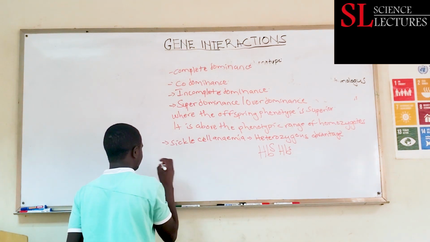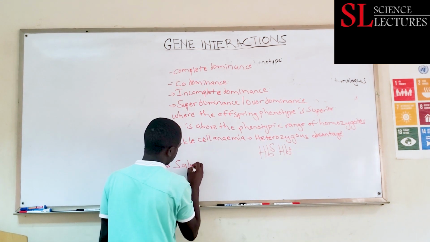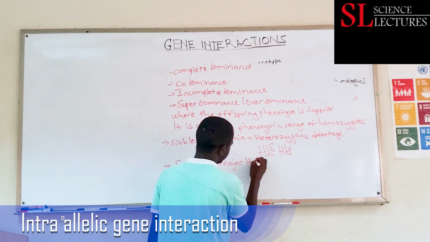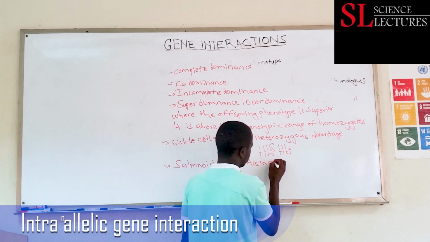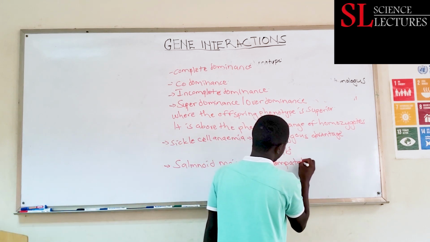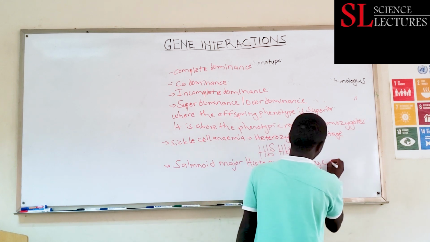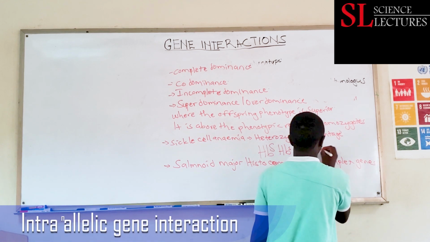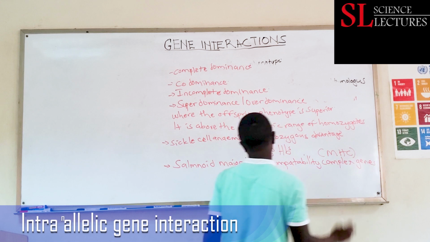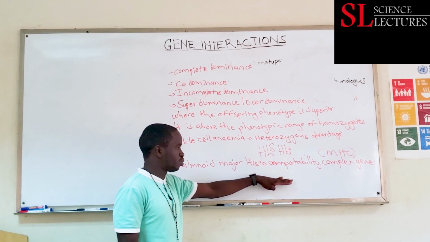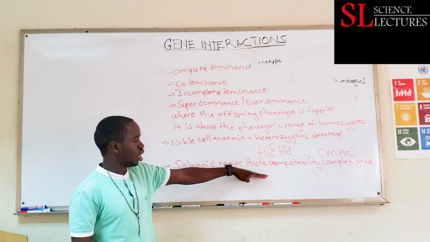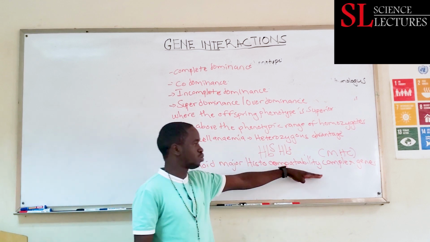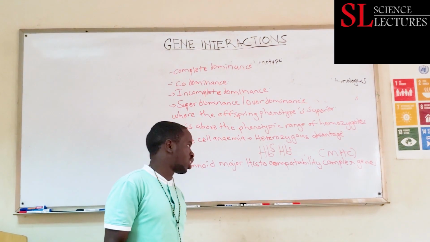The second one is the salmonoid major histocompatibility complex genes, which they usually summarize as MHC genes. These genes code for certain peptides, proteins on the cell surface membrane that play a role in the immune system.